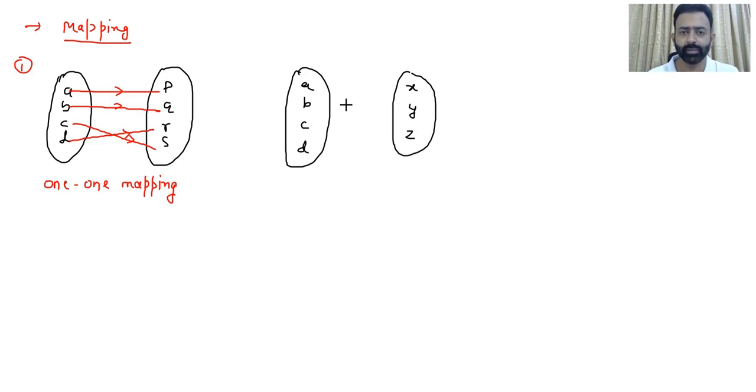And one mapping is let us say a is related to y, b is related to x, c is related to z, and also d is related to z, right? So if you notice here, a is related to y, only a single element, b is mapped to x, another single element, but in this case both c and d are related to a single element, z.